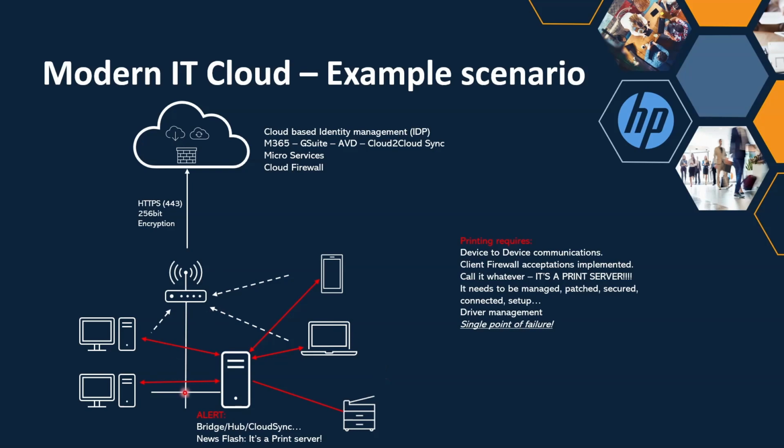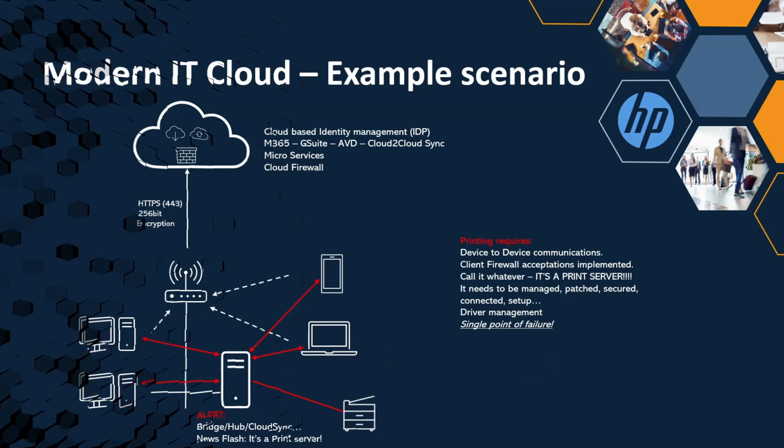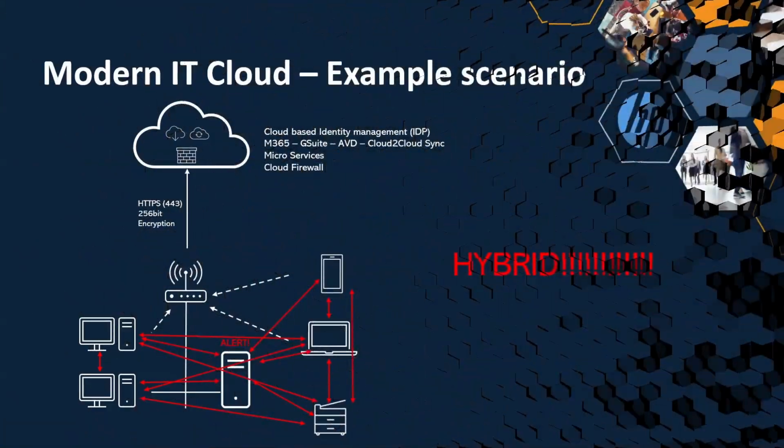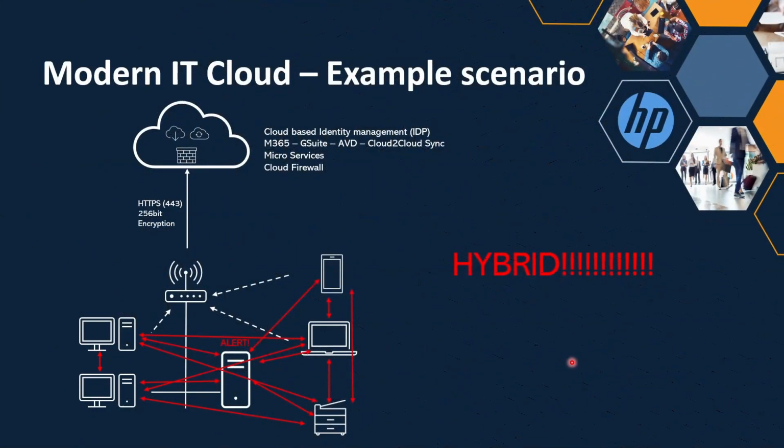Now, from a resilience point of view, we then see the big idea of doing things like hybrid, and then suddenly hybrid is just completely throwing modern IT concepts and security concepts out of the window. Because now we have device to device and we have sharing of data, we have spooling of data between different client machines.